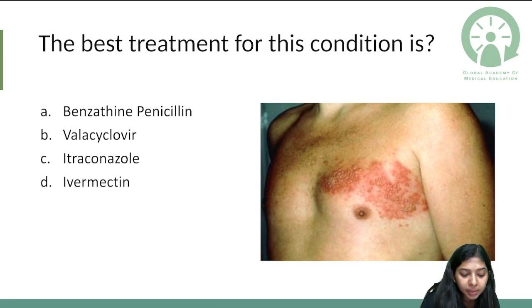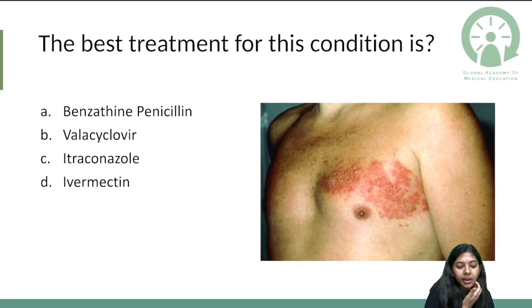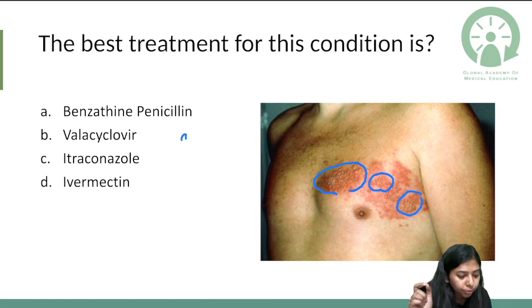What is the best treatment for this condition? First, we have to identify what we are looking at. So what are we looking at? Let's describe this. We are looking at a case where you are getting grouped lesions, right? You have got multiple lesions present in groups.